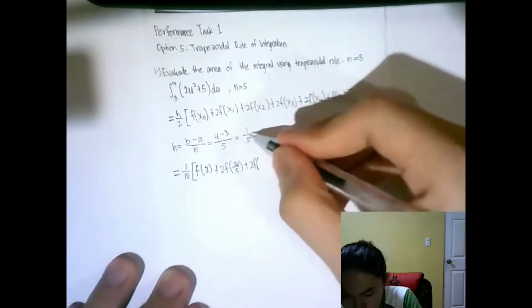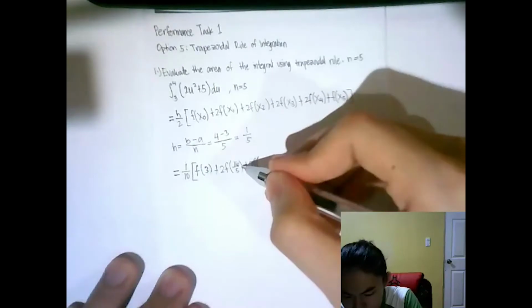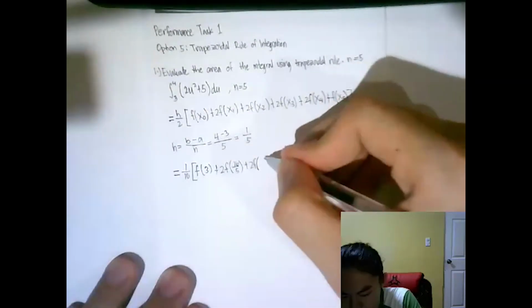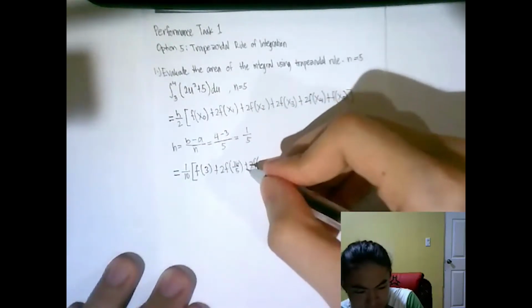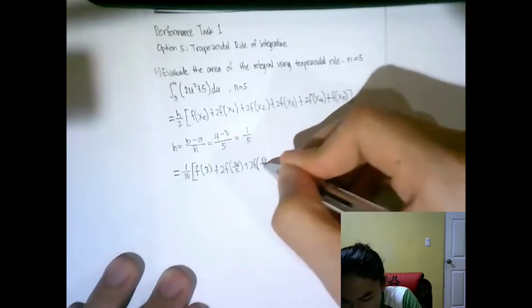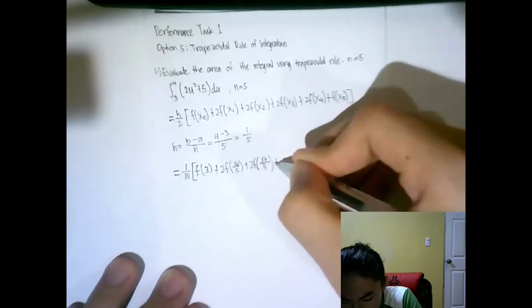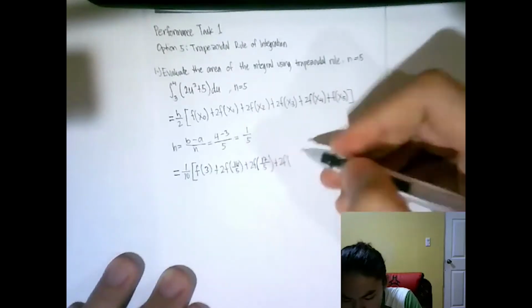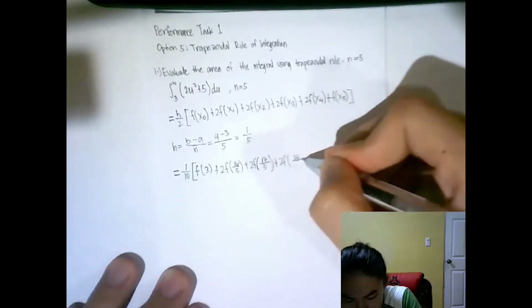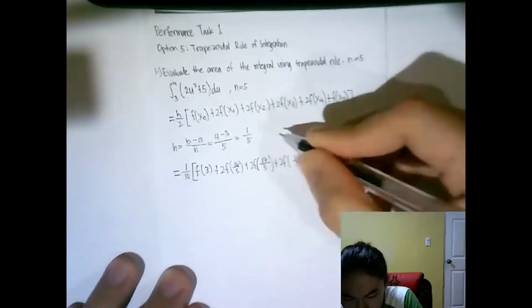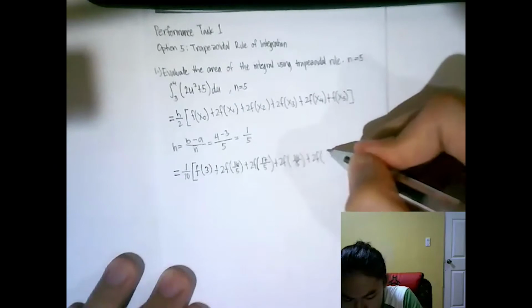So, ganun rin sa ating following terms. Ang gagawin natin is to add the 1 over 5 to 16 over 5. So, bale parang succeeding lang siya. So, 1 over 5 plus 16 over 5 is 17 over 5. Plus 2f, 1 over 5 plus 17 over 5 is 18 over 5.